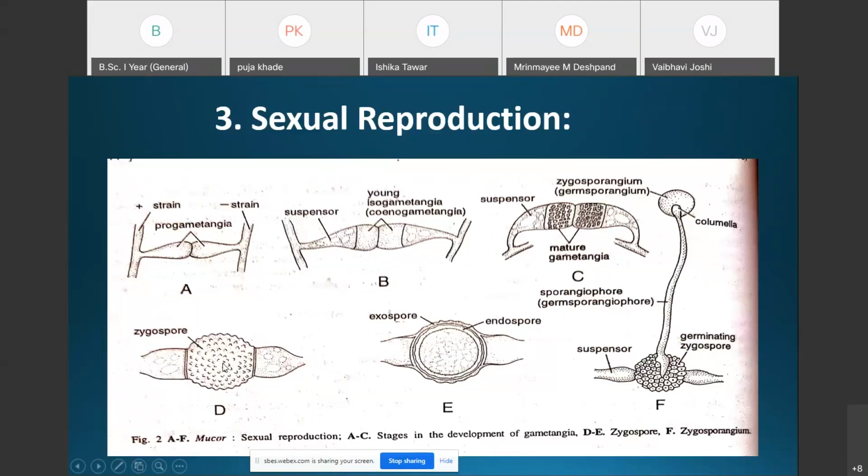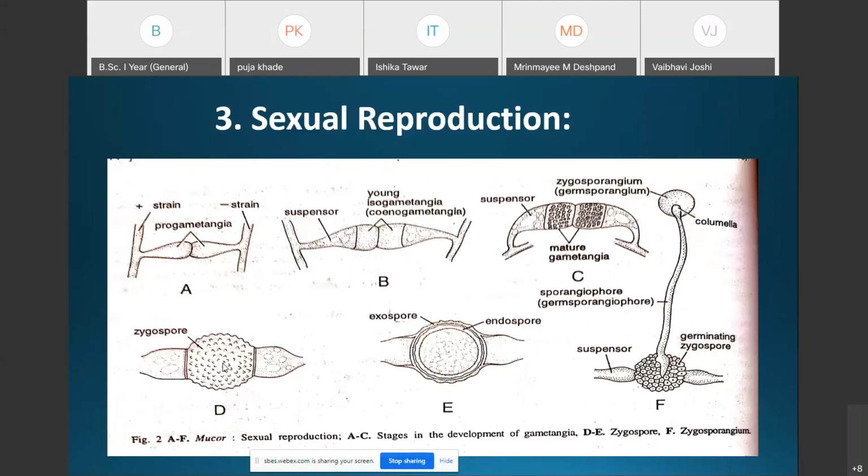Then there is a special hormone present in Mucor which plays an important role in the process of sexual reproduction, and that hormone is trisporic acid. Remember it, trisporic acid.